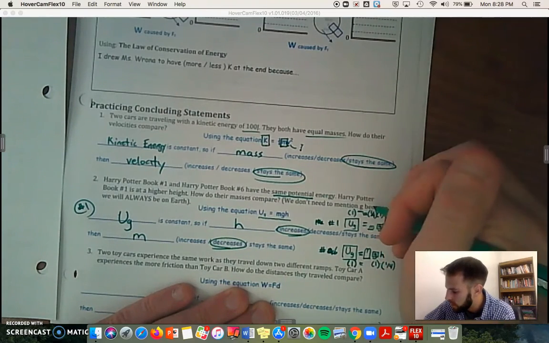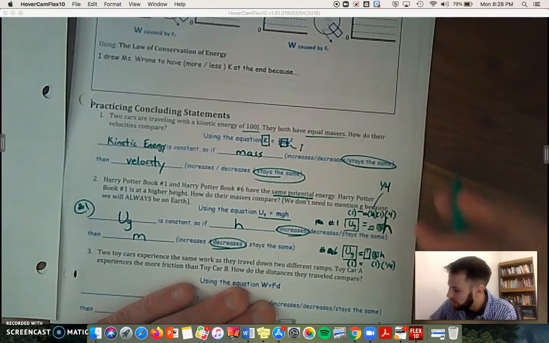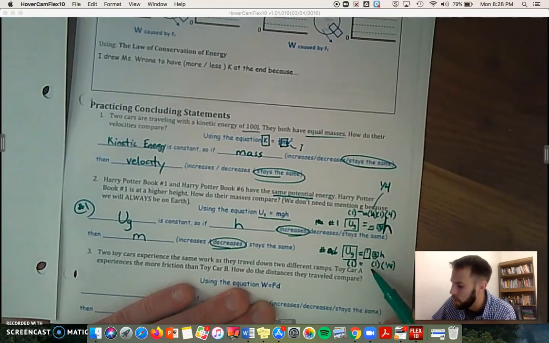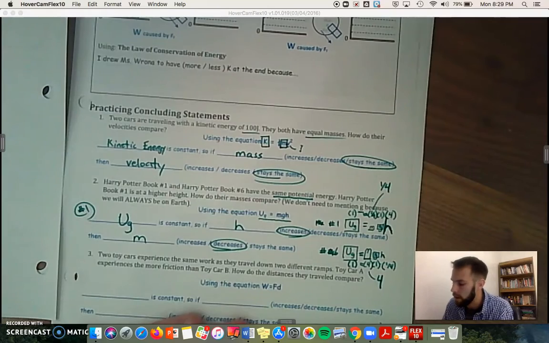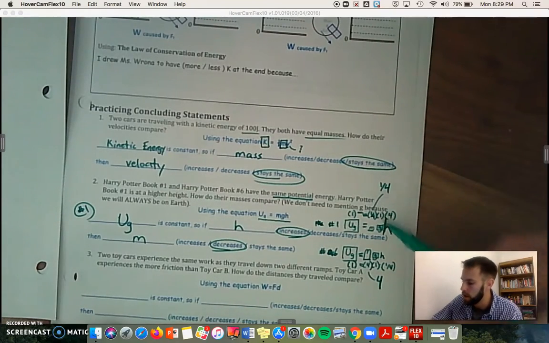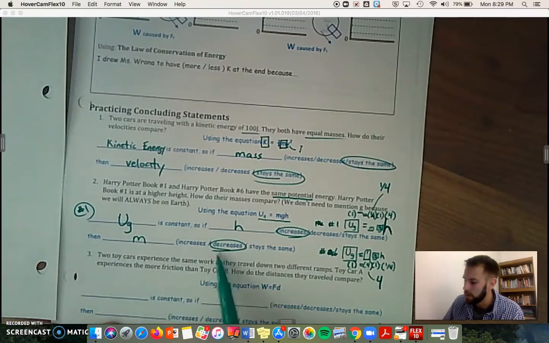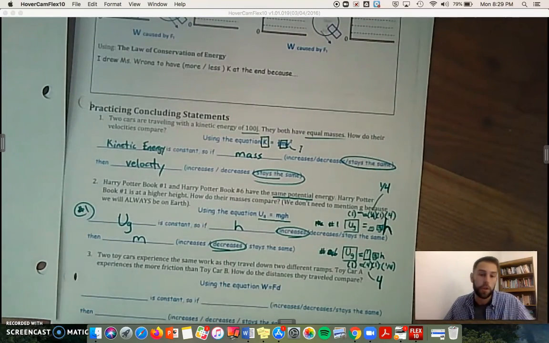And then here, in order to equal 1, 1/4 times 4 would have to be my mass. So again, if I compare these, same potential energies, different heights, my mass, 1/4, 4, would have to be smaller, would have to decrease in order for this equation to work out. So that's an example of a concluding statement.